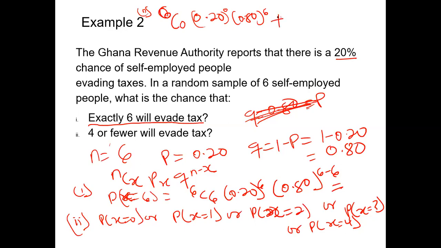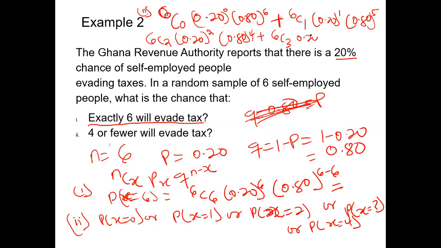Then for when x is 1, so plus, because of the or, 6 combination 1, 0.20 raised to the power 1, 0.80 raised to the power 6 minus 1 is 5, or it could be 2, which is 6 combination 2, 0.20 raised to the power 2, 0.80 raised to the power 4, or it could be 3, which is 6 combination 3, 0.20 raised to the power 3, 0.80 raised to the power 6 minus 3, which is also 3, or finally, it could be 6 combination 4, that's when the number of successes is 4, 0.20 raised to the power 4, then 0.80 raised to the power 6 minus 4, which is 2.